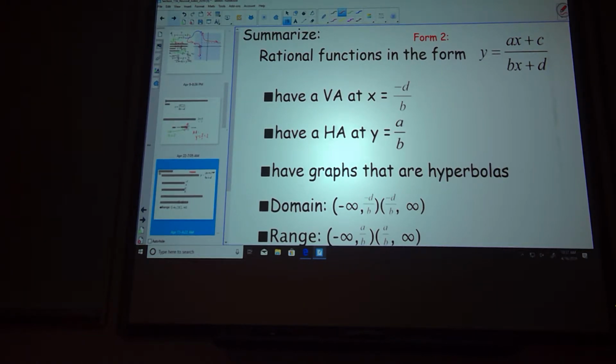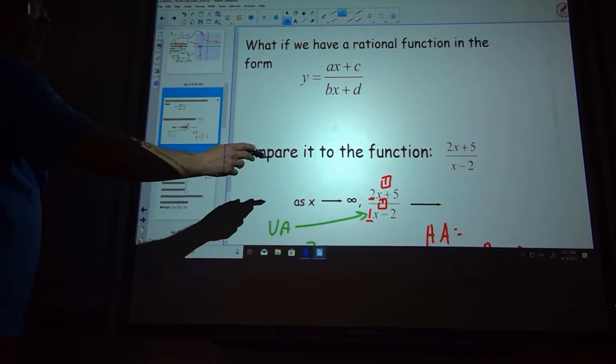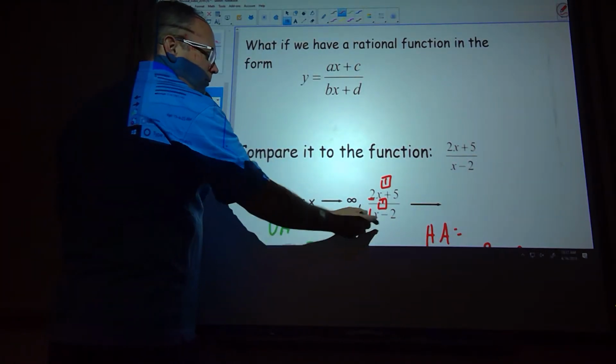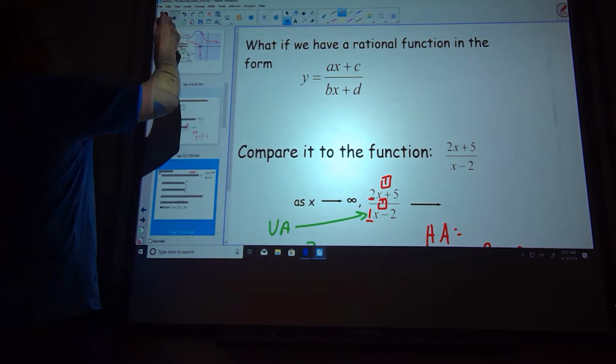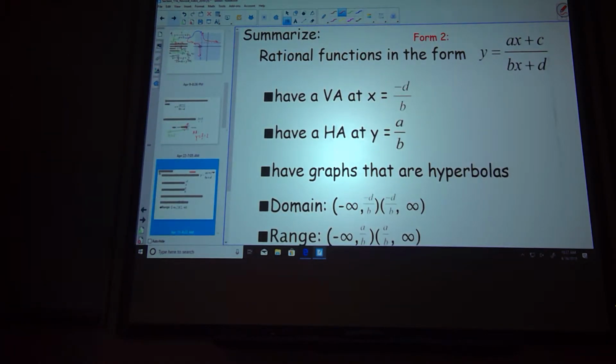So this talks about where our vertical asymptote takes place. For the vertical asymptote, you set the denominator equal to 0. And with the horizontal asymptote, it's the lead coefficient over the lead coefficient as long as the highest exponent on top and the highest exponent on bottom are equal.